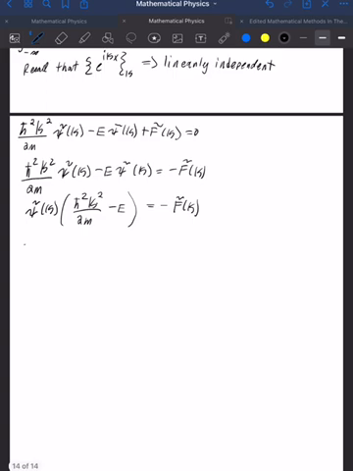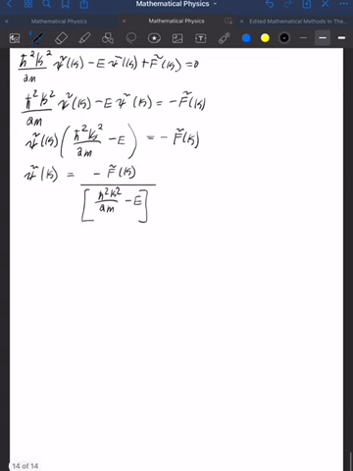Solving for psi tilde of k, that's equal to minus f tilde of k divided by h bar squared k squared over 2m minus E. Now at this point, something interesting is that we've solved for psi tilde of k, but what we want to solve for is psi of x. Remember?